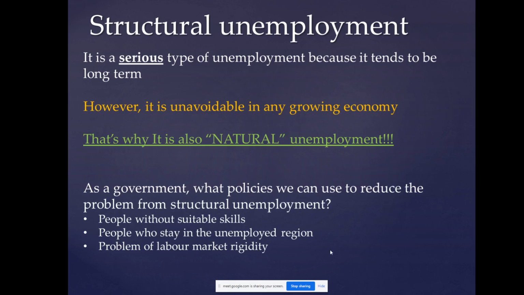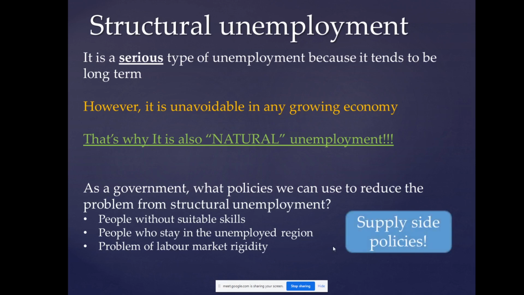So if the question is asking how you can correct the problems created by structural unemployment, these are your clues, and based on those clues you will have all the answers that you need. Is this clear? So that's structural unemployment.